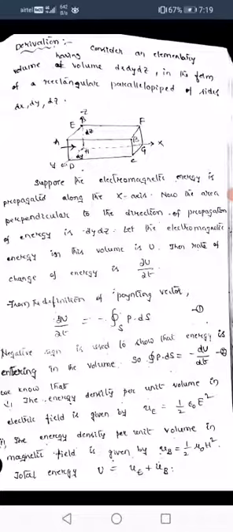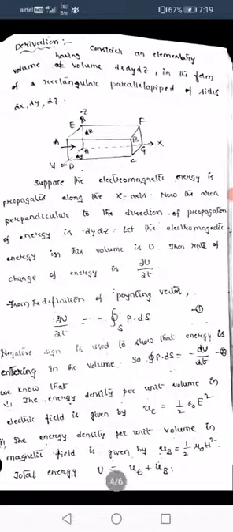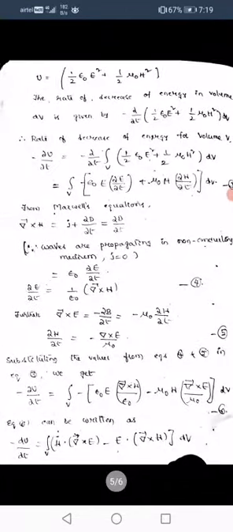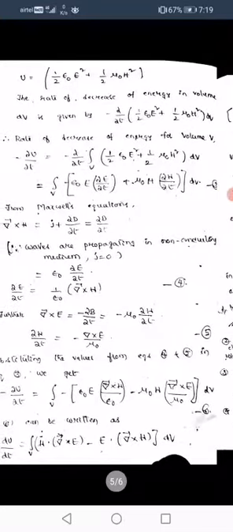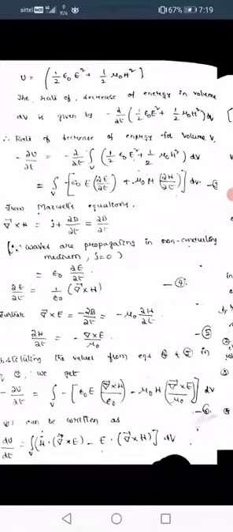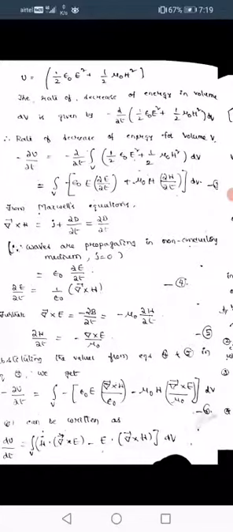So total energy U equal to electric field energy plus magnetic field energy, U_E plus U_B. So total energy U equal to half epsilon naught E square plus half mu naught H square. The rate of decrease of energy in volume dV is given by differentiating this energy: minus d by dt of half epsilon naught E square plus half mu naught H square.